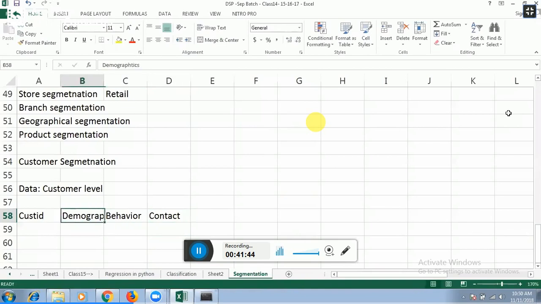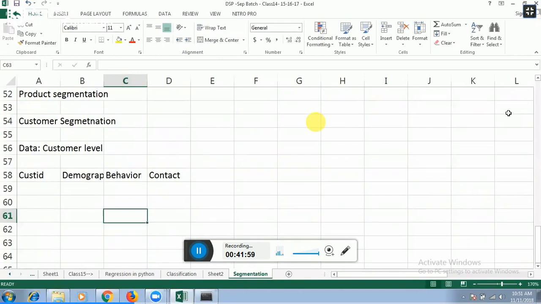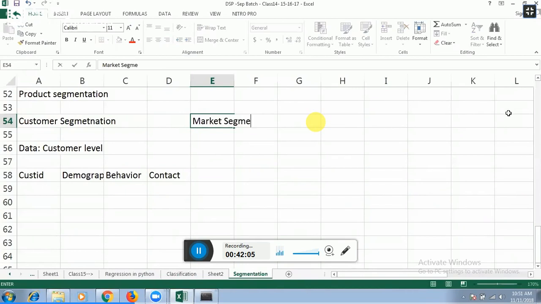So typically you will have this information, and the behavior plays the biggest role, to understand and differentiate the customers in terms of behavior. So this is one thing, and of course, customer segmentation is very common from the market segmentation perspective. What do you mean by market segmentation?